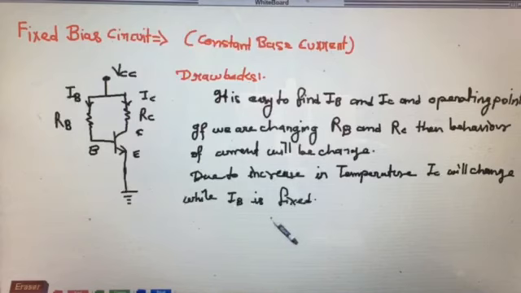It means that according to IC equal to beta IB, the gain factor will change.